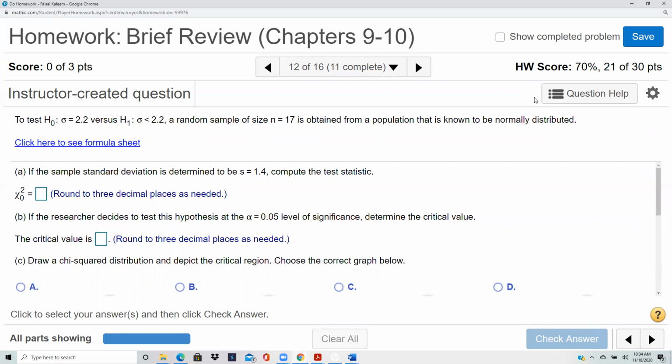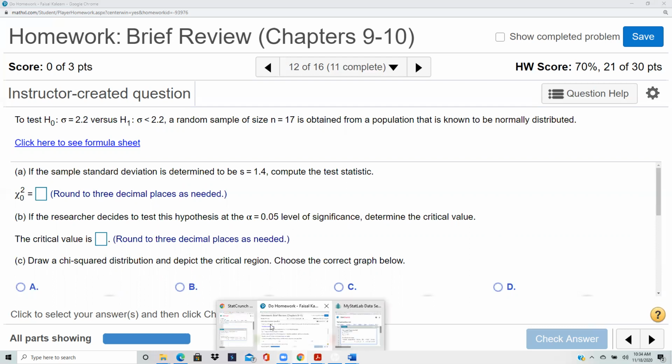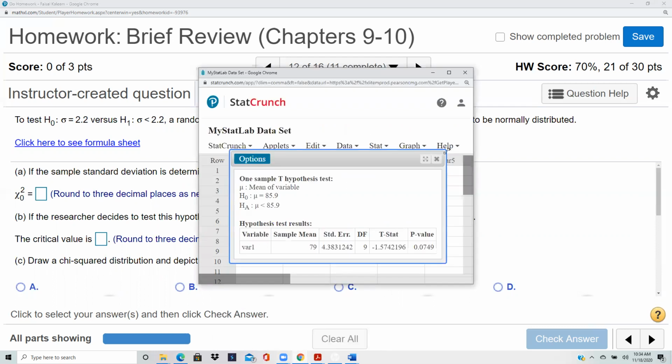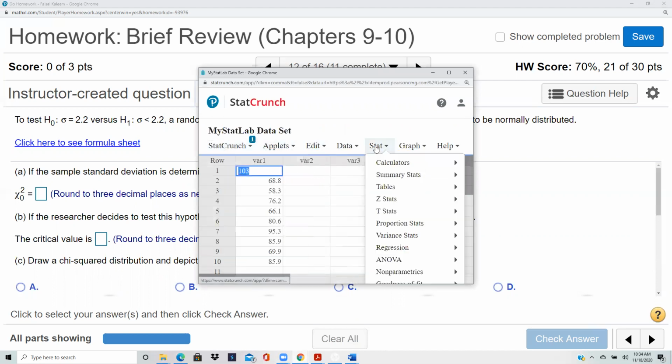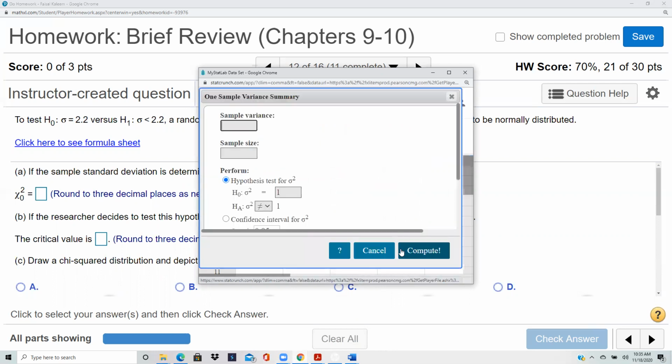So that's the chi-squared symbol. Right. We'll use variance stats though, because up here in the hypothesis. Okay. So stats, variance stats, one sample summary.